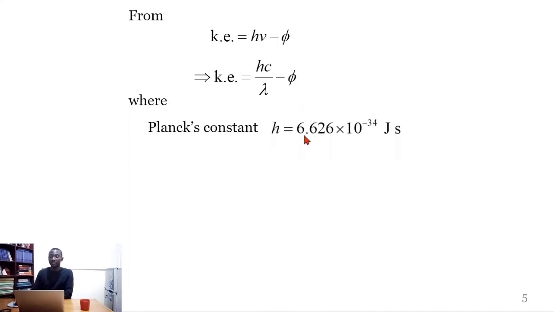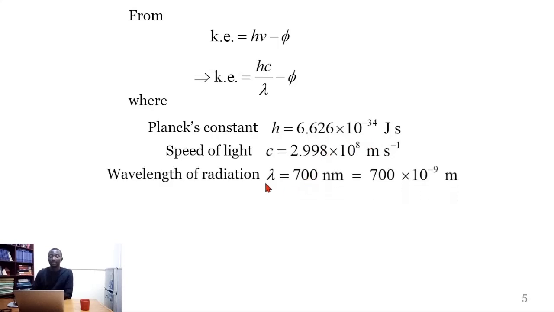So the Planck's constant h has this value, the speed of light has this value, the wavelength of radiation is 700 nanometers, and we can write this in terms of meters as 700 times 10 to the power of negative 9 meter. We simply substitute 10 to the power of negative 9 for nano.